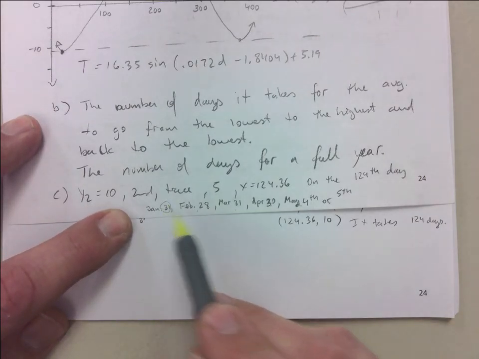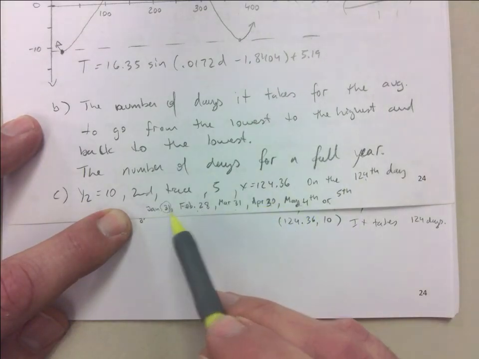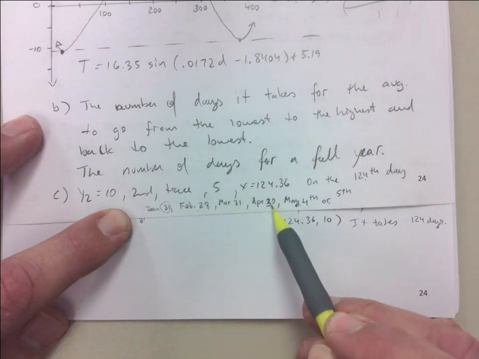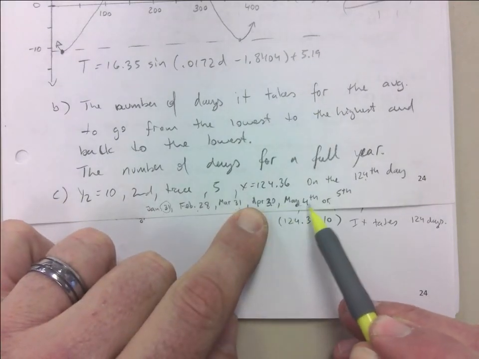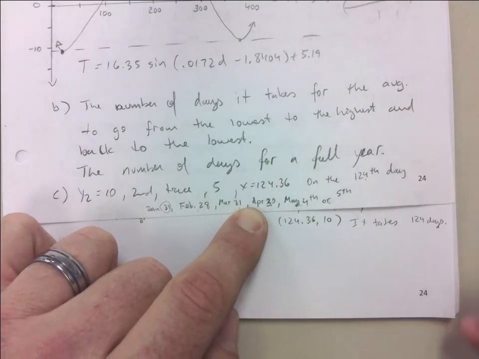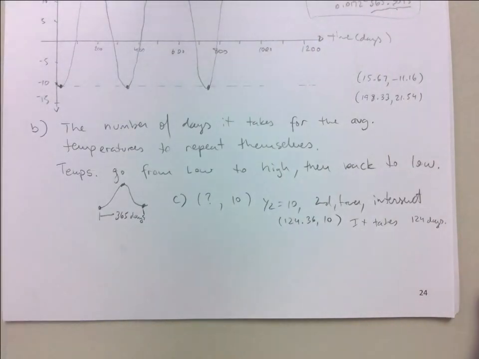So you go 124 minus 31 minus 28 minus 31, subtract the days, and then you'll be narrowed down to just a couple of days left, and it ends up being between the 4th and 5th of May. May 4th. May the 4th be with you. Anyways. So that's how you would do something like that. I don't expect them to throw something like that at you, okay?